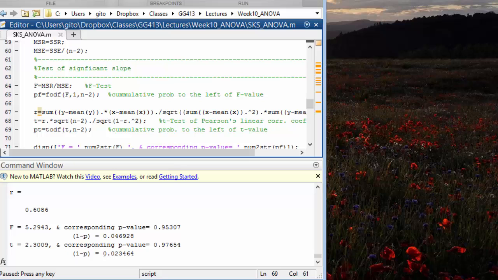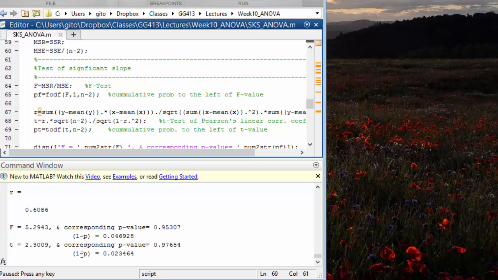So our f-test was a one-tailed test, and with a significance level of 5%, we would reject the null hypothesis. The t-test is a two-tailed test, so we have to take 5 divided by 2, or 2.5%, and you can see that our 1 minus p is less than 2.5%, also consistent with a result of rejecting the null hypothesis.